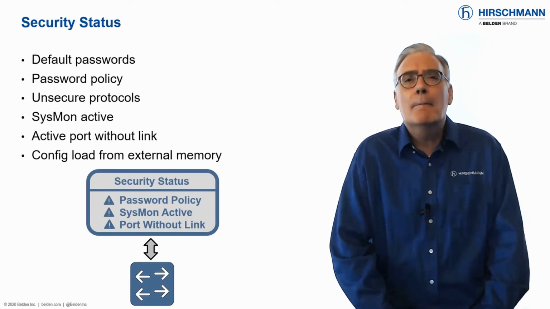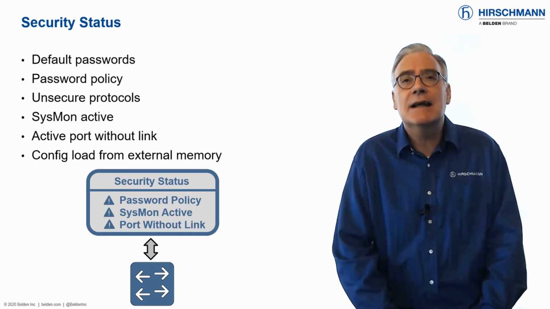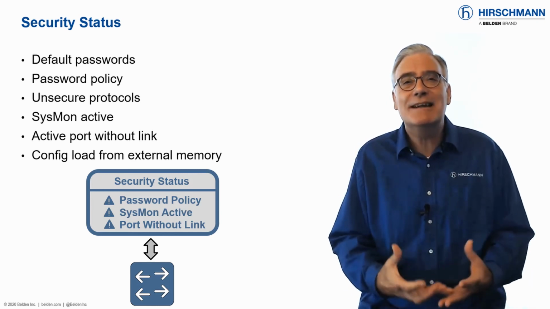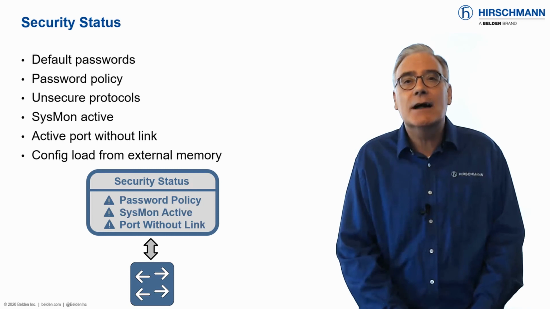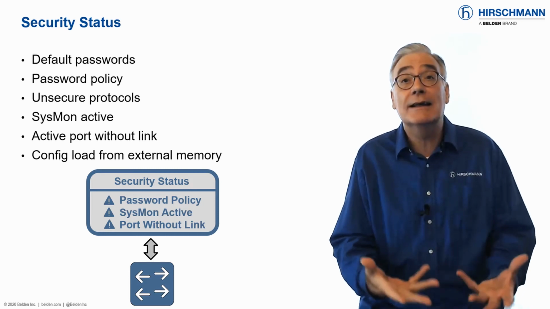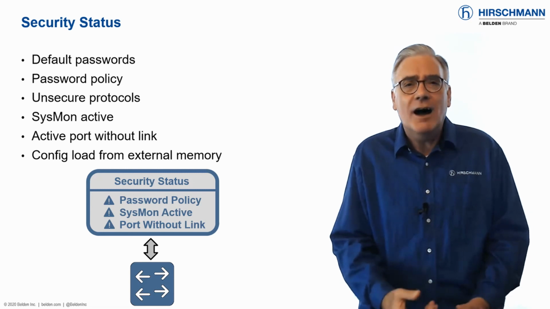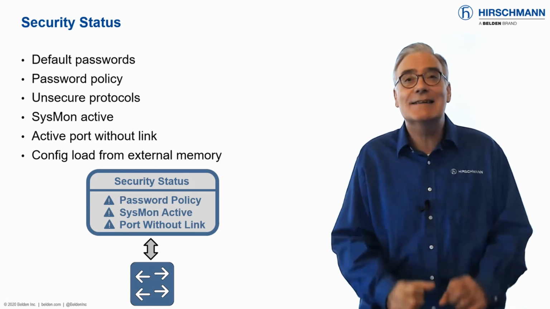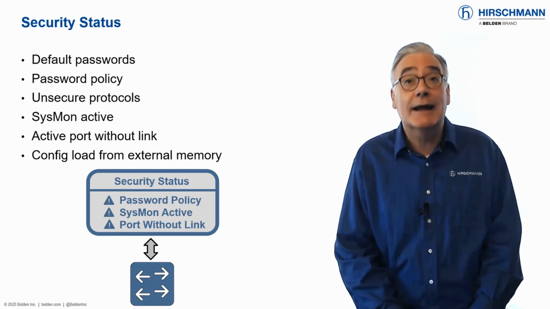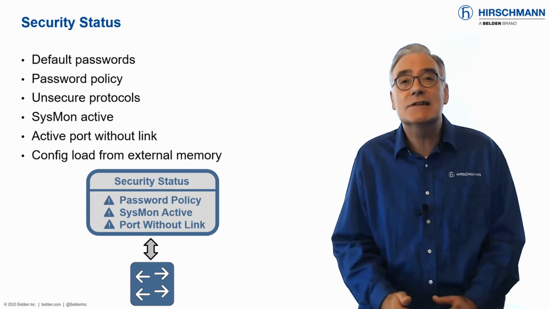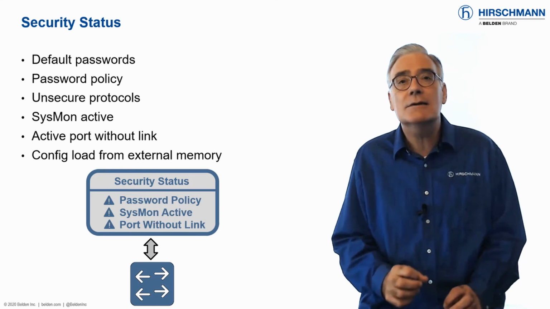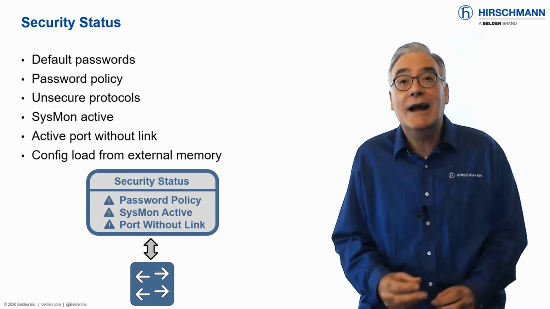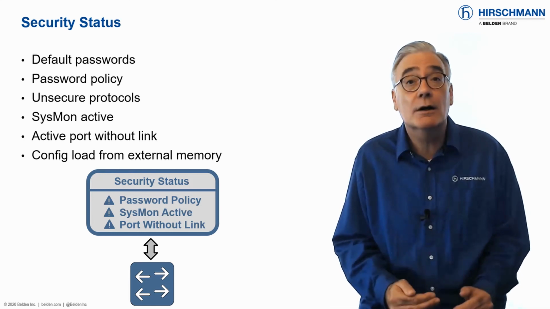Switches support many security mechanisms, and it can sometimes be challenging to decide which mechanisms should be implemented on a switch. The HiOS security status function is here to help you. The security status configuration screen lists typical security functions which can be configured on a network.